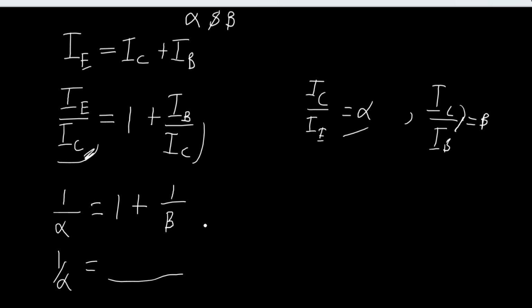Let's choose it to be beta. 1 divided by beta is beta. Beta times 1, beta. Beta divided by beta, 1. 1 times 1 on top is 1. So since 1 over alpha is equal to this, it implies that alpha will then be, swapping these values, beta over beta plus 1.